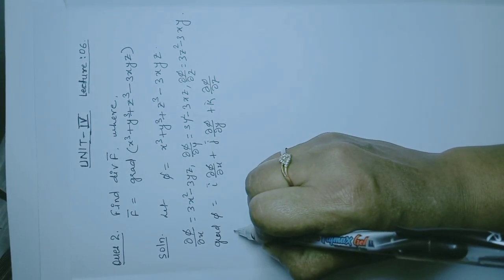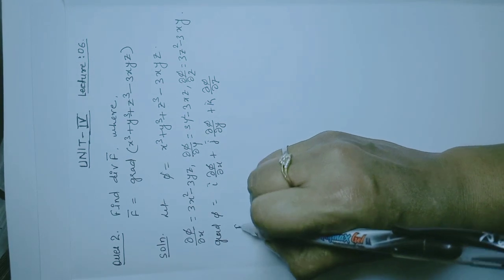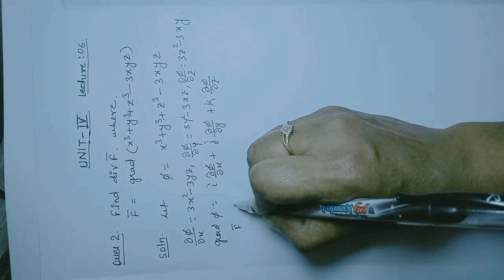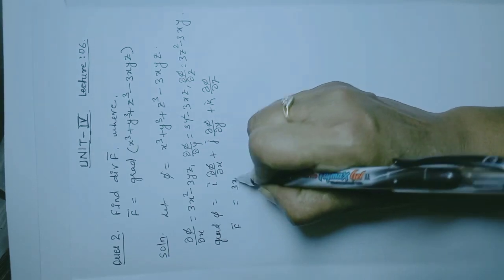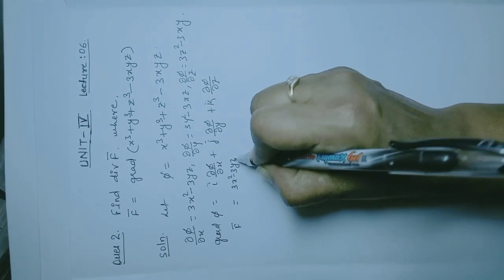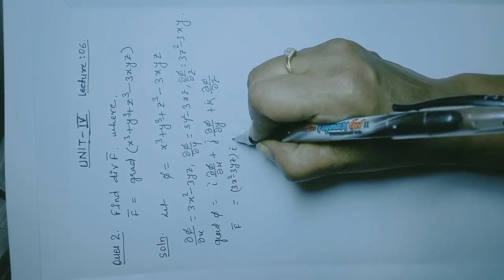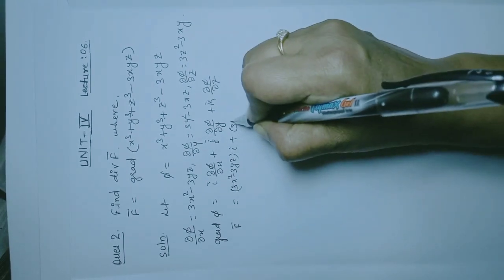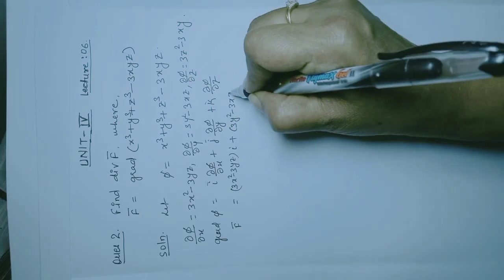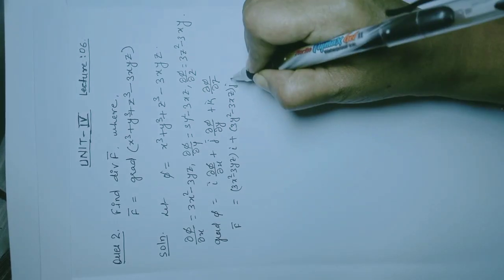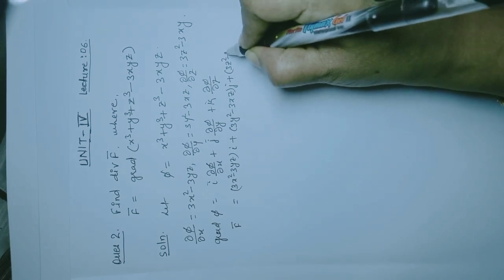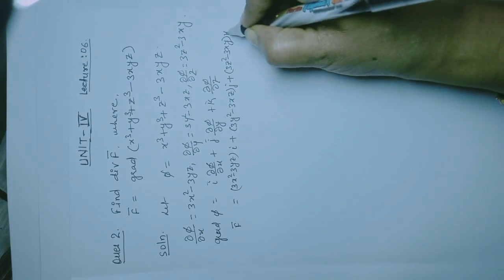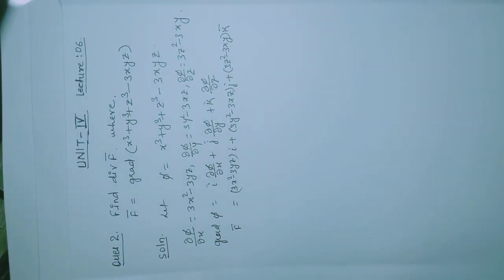So your vector f, which is equal to grad phi, is equal to 3x square minus 3yz i plus 3y square minus 3xz j plus 3z square minus 3xy k.